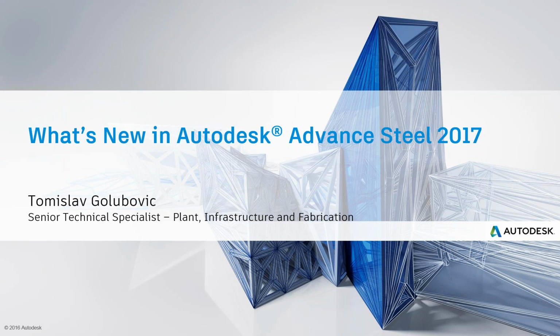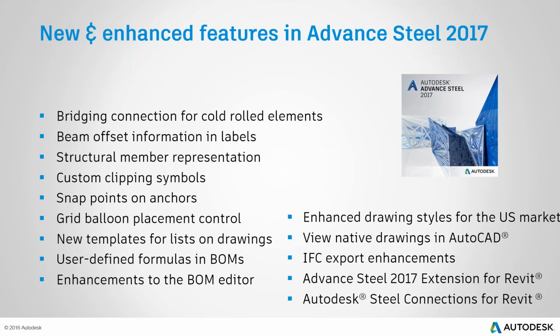For today, with the what's new, this is basically what we're going to go over and cover of what was released for the 2017 products. I won't necessarily talk about each of the individual items now, but just some of the notable things: beam offset information, custom clipping symbols, grid balloon placements, new templates, and even formulas in BOMs.